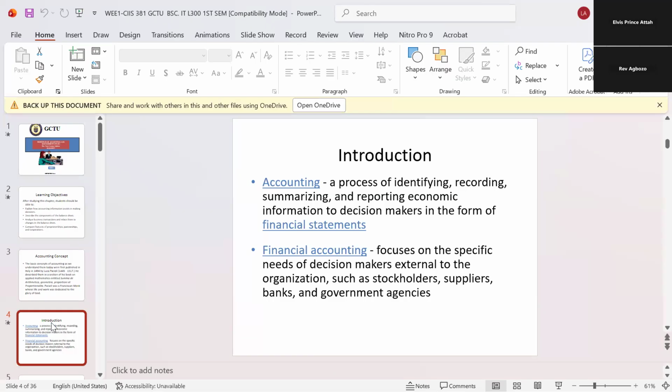For instance, one of the external users is government agencies like GRA. Their intention is to see your financial statement so that they see how much profit you are making. Then they will know how much tax to charge you.